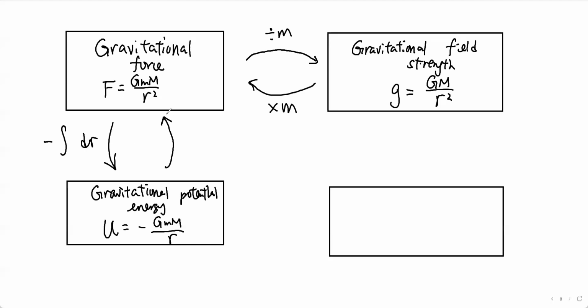And here, do you know what is the inverse operation of integration? Yeah, that is differentiation. So from energy to force, you need to do a negative differentiation with respect to R. This is also one formula in your book: F equals negative delta U over delta R. You know that means differentiation.